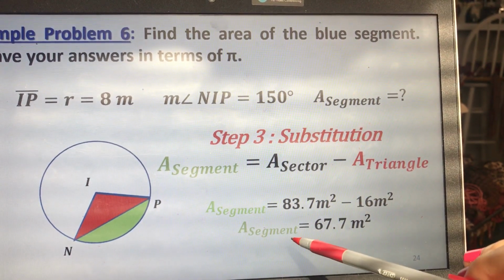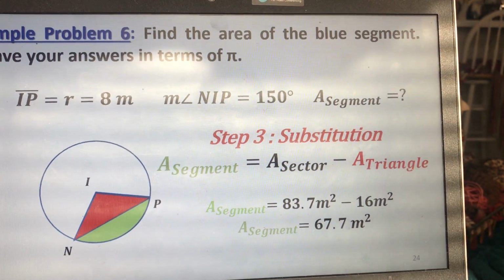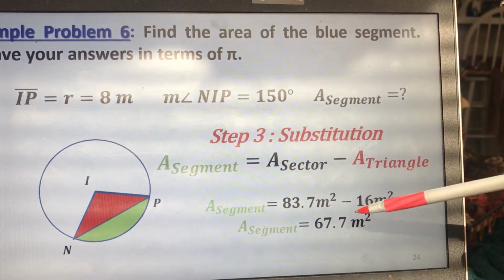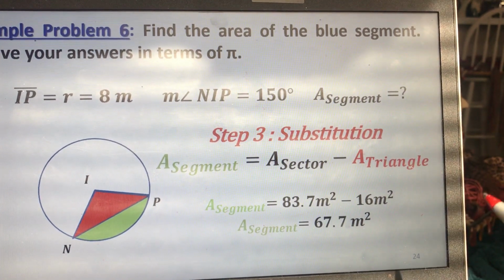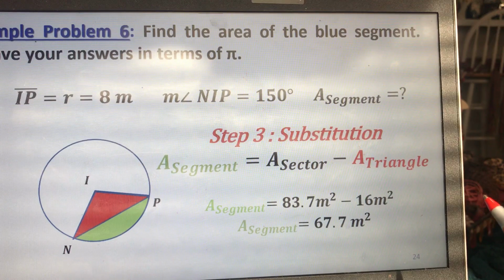That means that the area of the segment is going to be equal to 67.7 square meters.